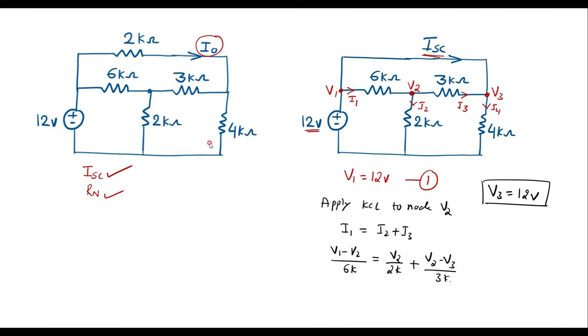So to calculate Norton's resistance, now we have to open this shorted path so that this terminal will become open. Then voltage sources must be short circuited. Let me draw the equivalent circuit to calculate Rn. So here the circuit looks like this.